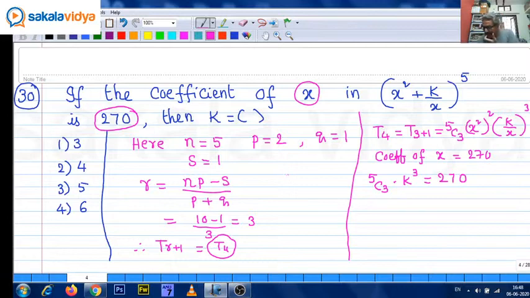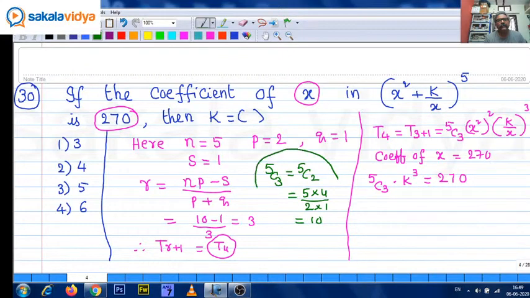Now here we need to find out 5c3. 5c3 equals 5c2. This is 5 into 4 by 2 into 1. This is 10.